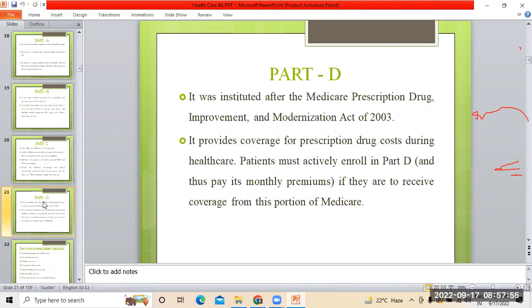Part C is a plan which is provided in collaboration with private organizations, where the private organizations take care of everything and look after all that. Part D majorly covers the drug costs of the insurances. So these are the four different sections you see under Medicare.